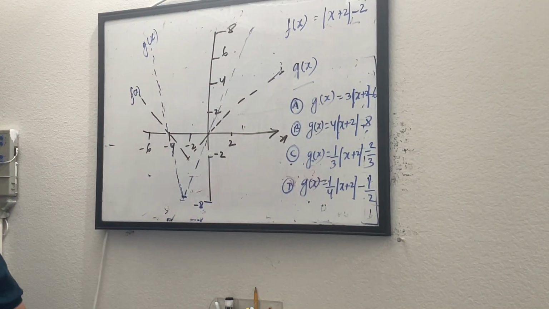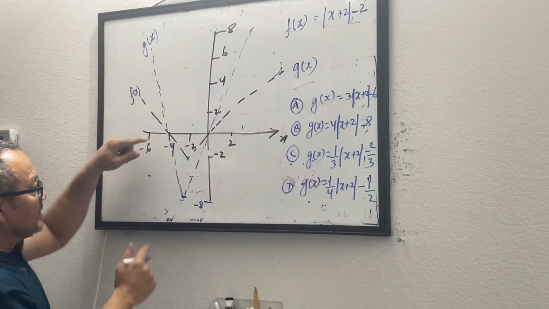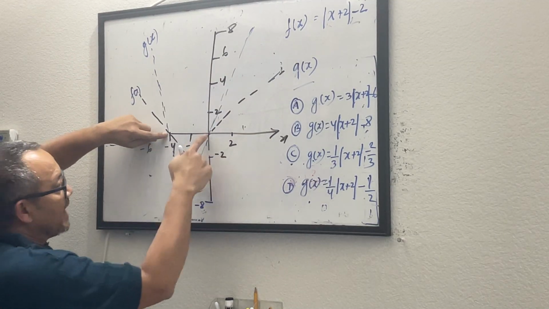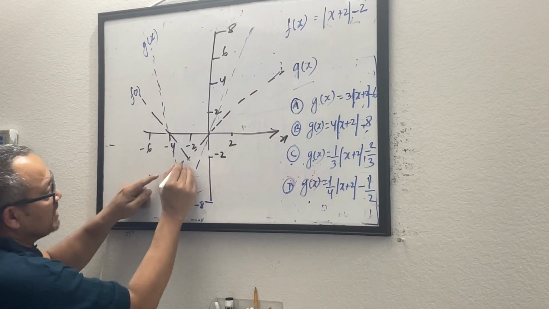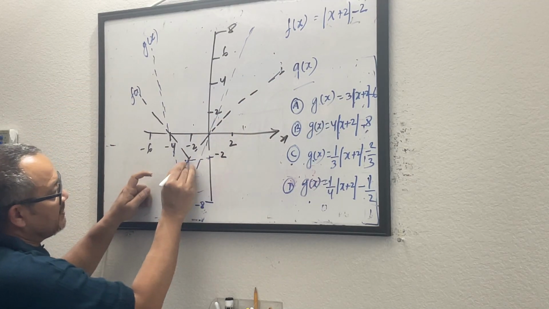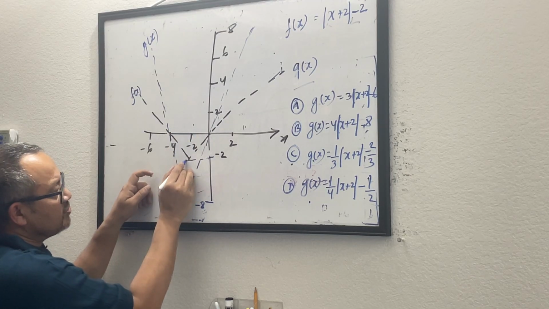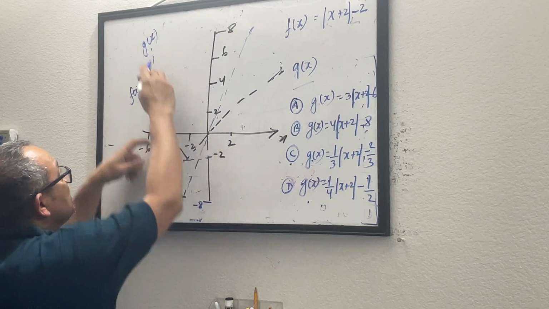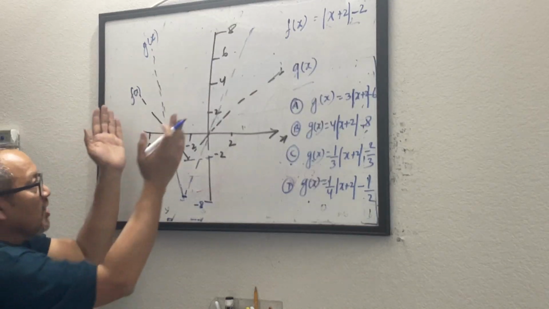So this is f of x, which is going from minus 4 and 0, and this is the tip you see for this one at x equal to minus 2, y equal to minus 2. Now this is g of x, which is saying that this is a vertically scaled version of f of x.